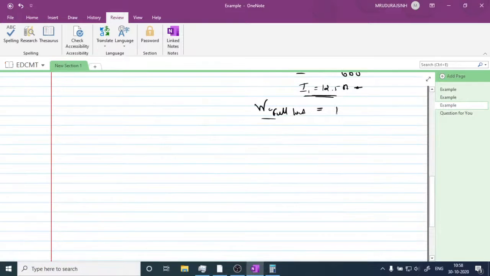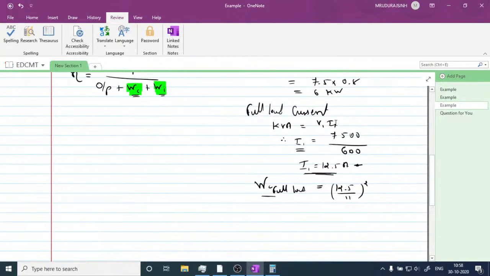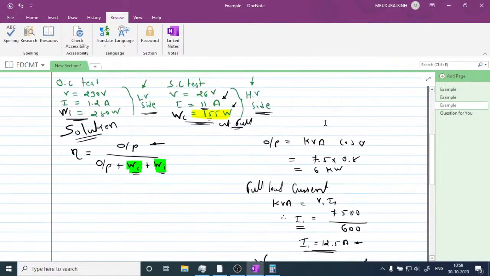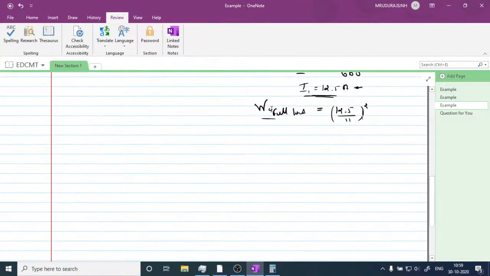So that is 12.5 divided by 11, the square of this, so 12.5 divided by 11 whole square, and the copper loss is 155, so it's multiplied by 155. We have seen this equation in many previous examples, so this equation is not new to us.